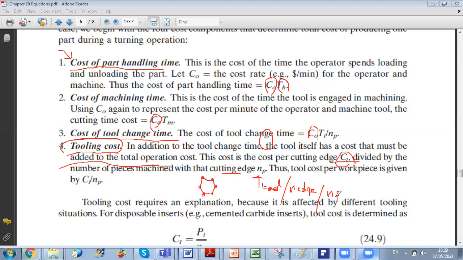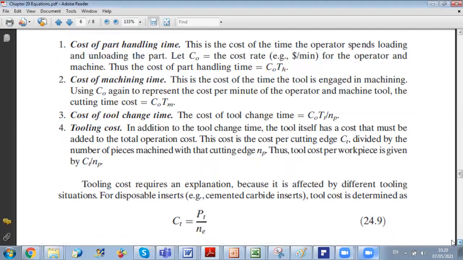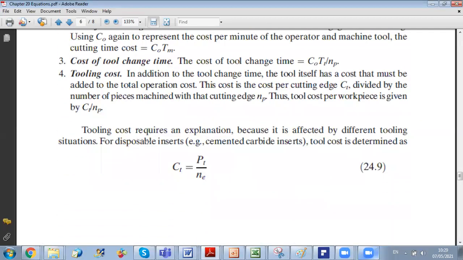Okay, so as we said, concerning CT, in order to calculate it, it might be sometimes a little bit complex. So if we have several cutting edges, or if we have disposable inserts, then we should divide the tool cost by this number of inserts.